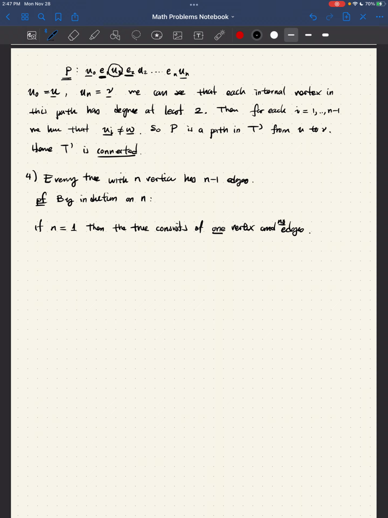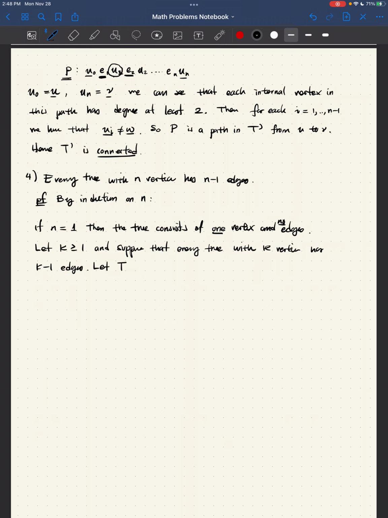Now, let k, for the inductive step, be greater or equal to 1. And suppose that every tree with k vertices has k minus 1 edges. What we're going to do is use the following.